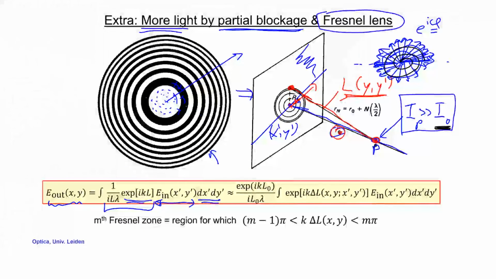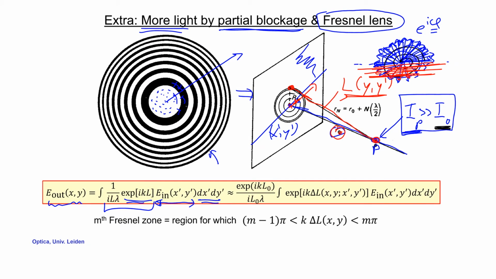But if you block those phasor contributions here in this lower complex plane and only leave the ones in the top complex plane, then they mainly interfere constructively, and you can have a much, much bigger field.